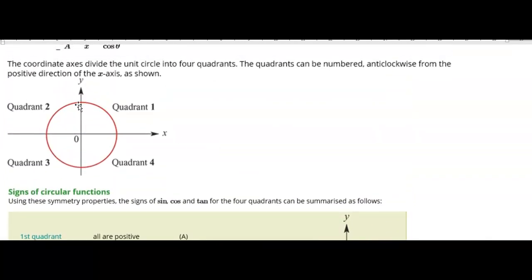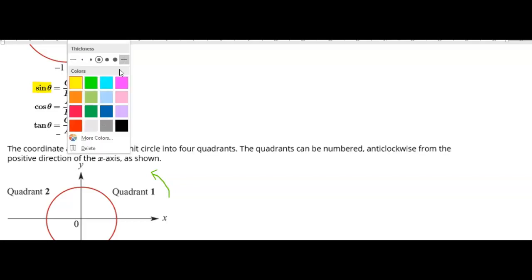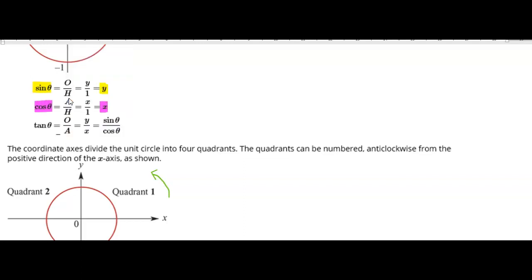Here we have our quadrants, quadrant 1, 2, 3, 4. And remember I said we go in an anti-clockwise direction. So we're going in that way. That's why it's 1, 2, 3, 4. Now, in deciding whether you're positive or negative, we've got to decide whether sine or cos is positive or negative in that quadrant. Now, remember back to here from the very start, sine theta is equal to y and cos theta is equal to x.